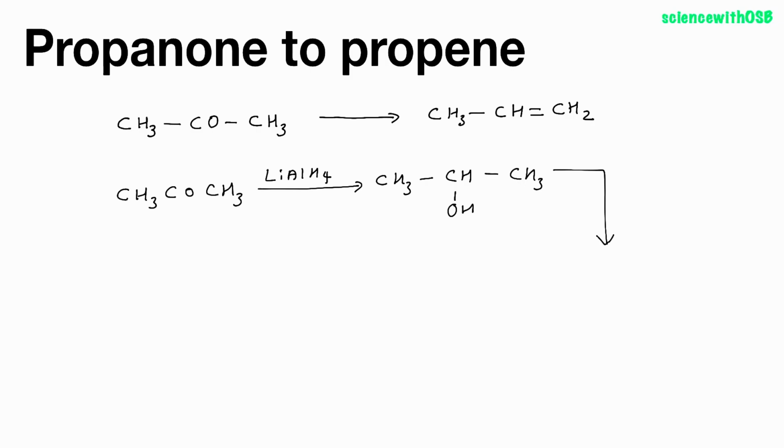An alkene, right? So you have to use a dehydrating agent. What is that? Concentrated H2SO4. And what will you get? CH3CH=CH2. Correct, right? See, OH from here and hydrogen from here, together H2O will be removed, and a double bond will be established here. Hope you understand.